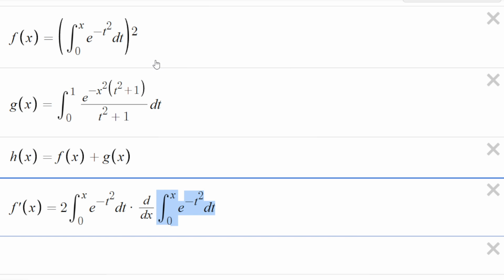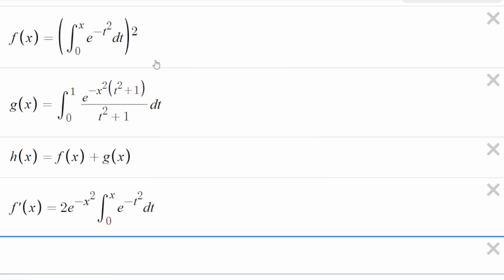So when we take the derivative of that antiderivative, we're just going to get back e to the negative x squared. So we have 2 times that integral times e to the negative x squared. So there's our f prime of x.